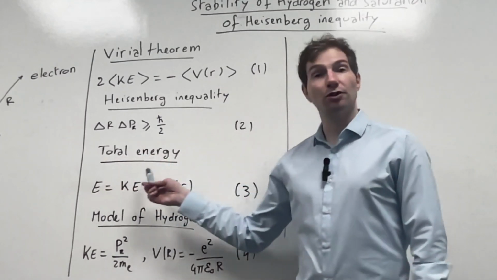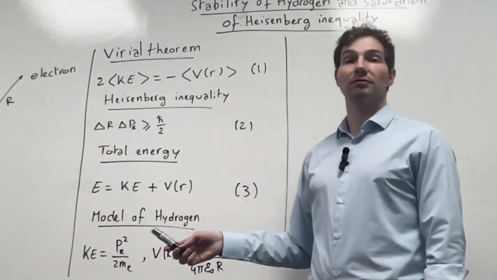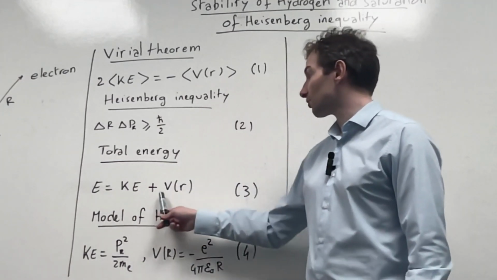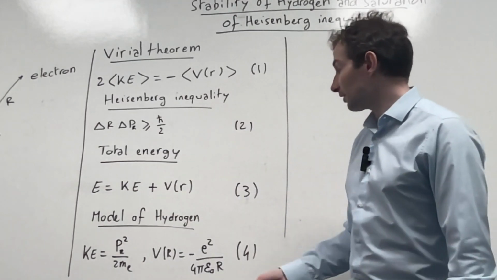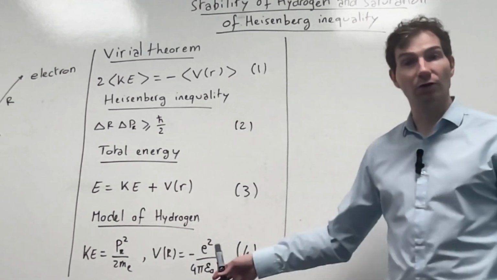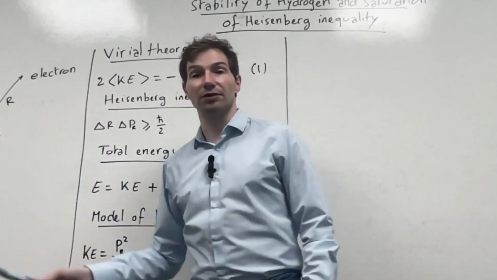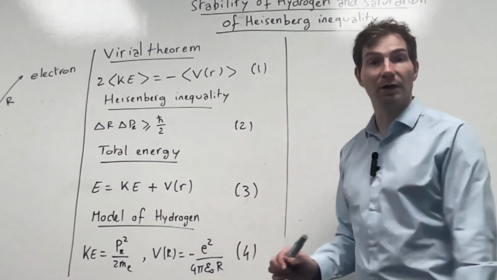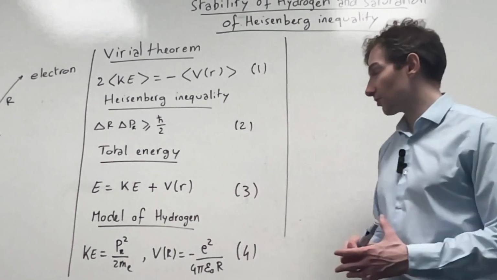Then we need to remind ourselves from classical mechanics that the total mechanical energy of a system is the sum of the kinetic energy plus the potential energy. And finally here, I'm proposing a model for this hydrogen atom. When I've got a proton here and an electron there, what's going to be the model for this particular problem of finding the ground state energy?